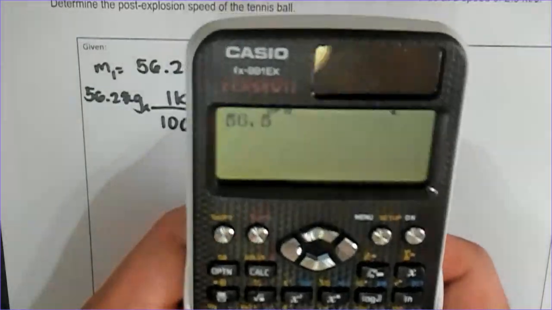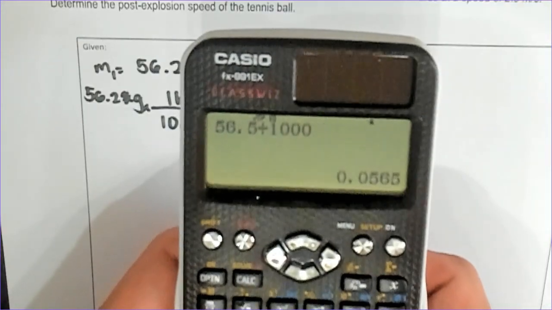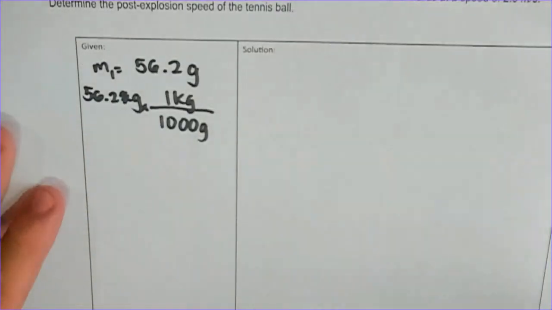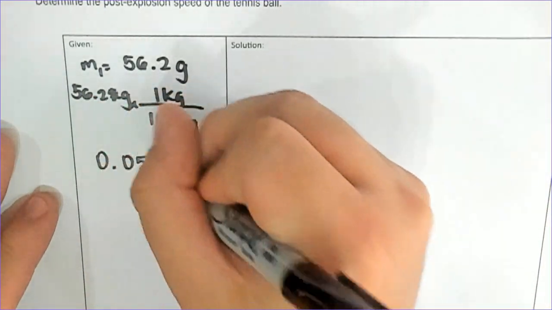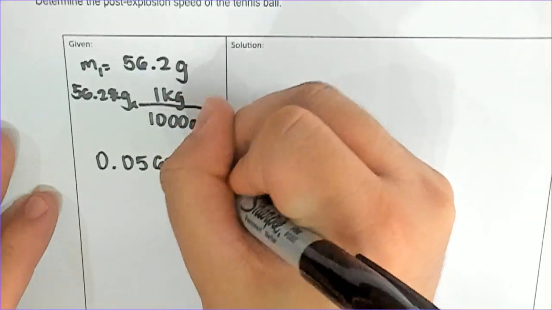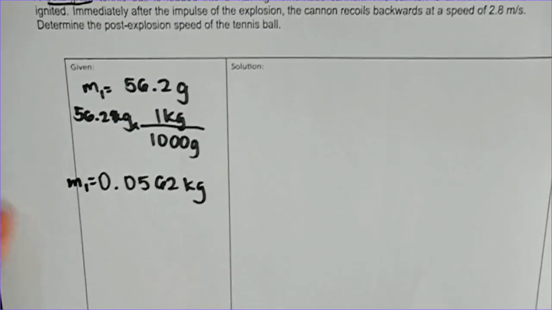So it's going to be 0.0562 kilograms. Let me write that down: 0.0562 kilograms. So that's the measurement in SI units. Now I think we could work with everything else.